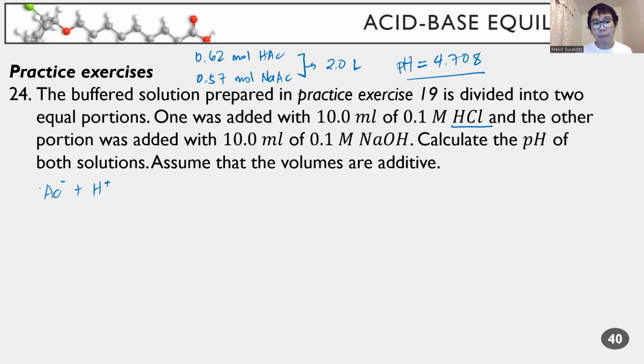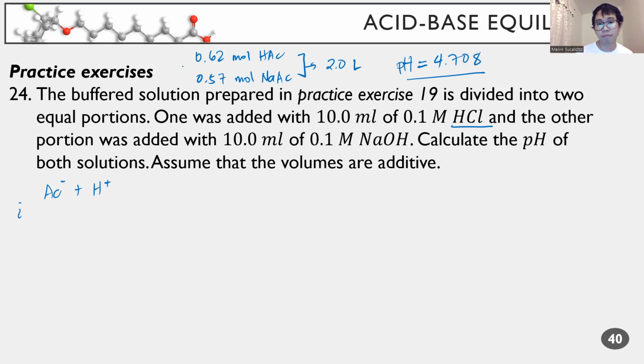How much acetate ion is there initially, before you add the HCl?